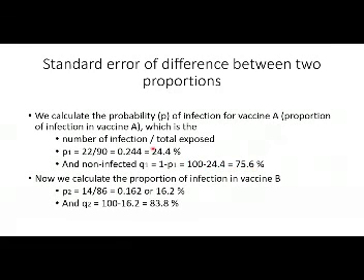Now the proportion of infected persons is 24, while that of the non-infected is 75. In case of B, the proportion of infected is 16.2, while that of non-infected is 83.